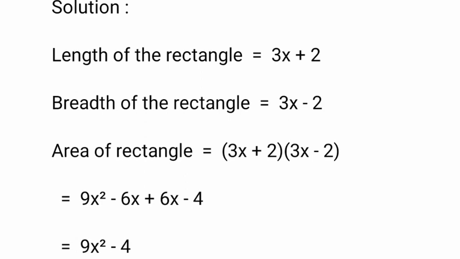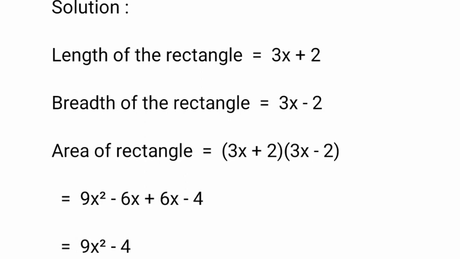The second term 2 into 3x equals 6x, and 2 into minus 2 equals minus 4. Now minus 6x and plus 6x cancel. The remaining answer is 9x square minus 4. That is the area of the rectangle, 9x square minus 4.